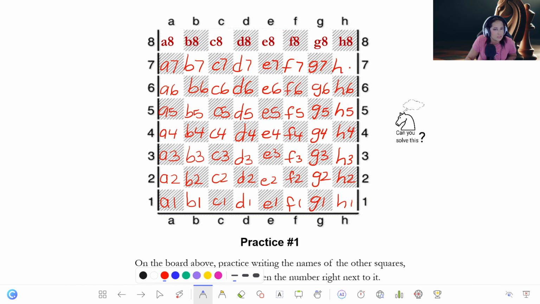And H7. So those are the names of all the squares, and that is it for practice number 1.